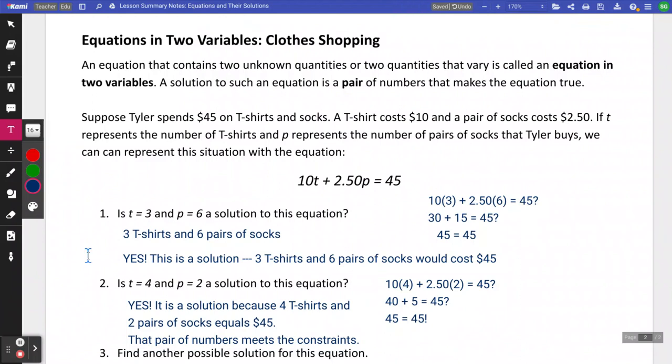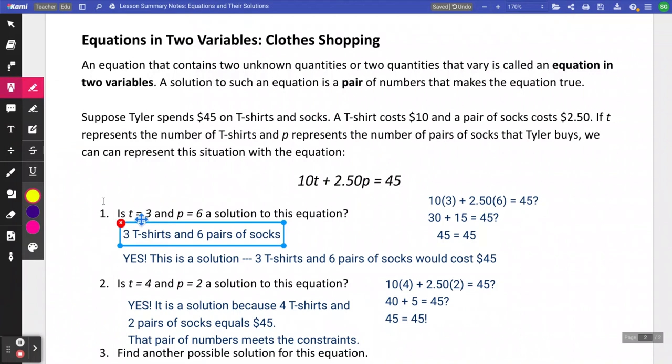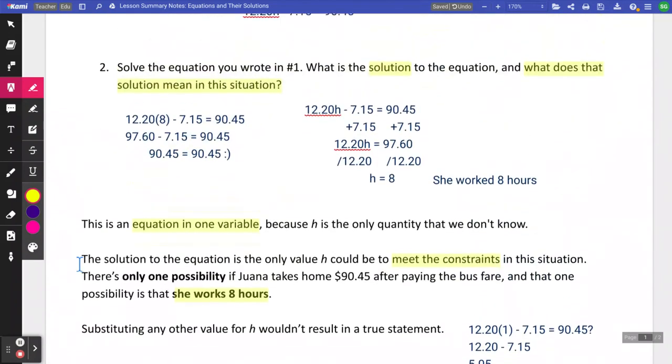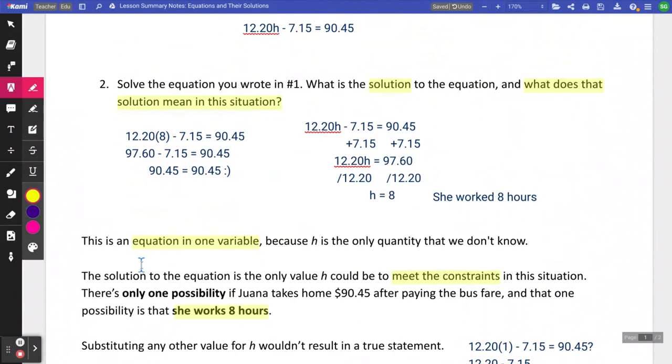Now, pause for a moment and look at what we just said. We said that this right here is a solution, and we also said this right here is a solution for this equation. So right away, I'm noticing this problem's a little different from what we did earlier. Above, when we were talking about an equation in one variable, we said there was only one possibility. For the problem we were looking at, the only possibility was Juana had to work 8 hours.